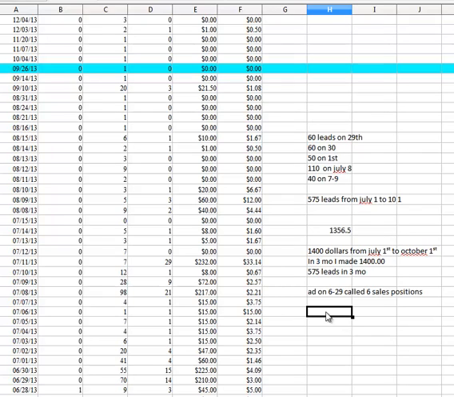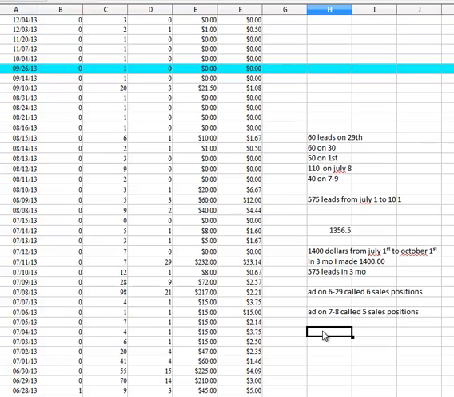So I did an ad on 7/8 called 5 sales positions. Total spending cost me $50 on 2 ads.